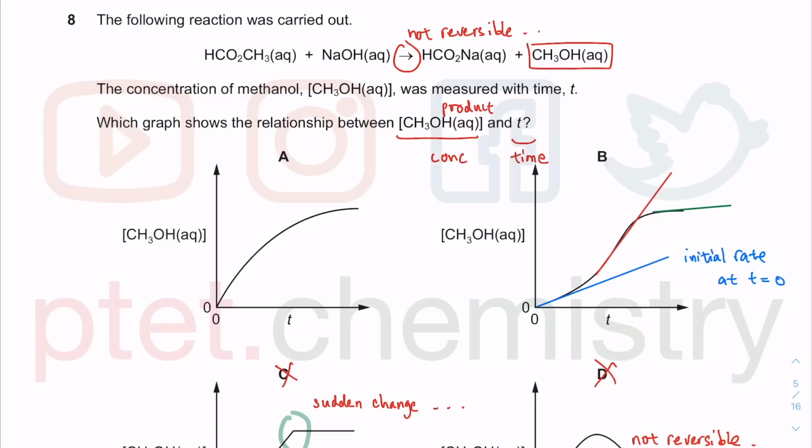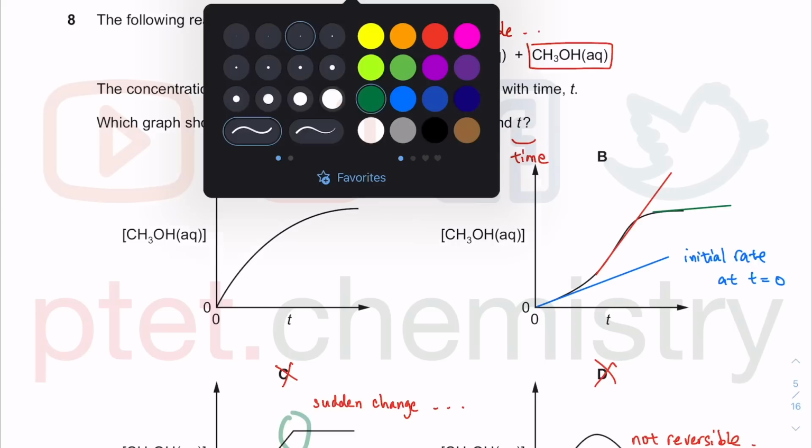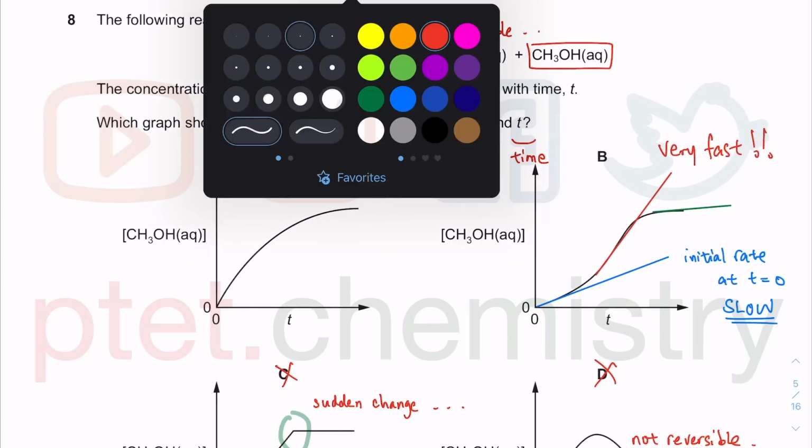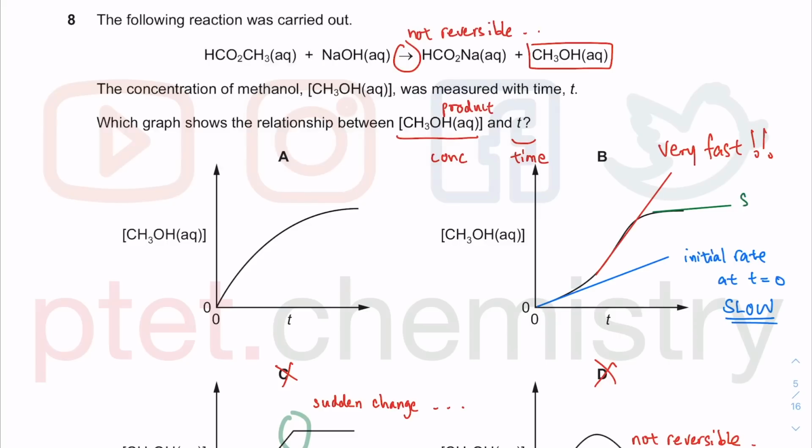You will see that initially it is slow, then in red it becomes very fast because the gradient becomes very steep, and then suddenly when it goes to green, it becomes slow again. So this is a hallmark.